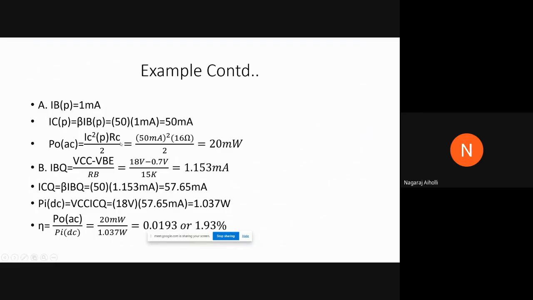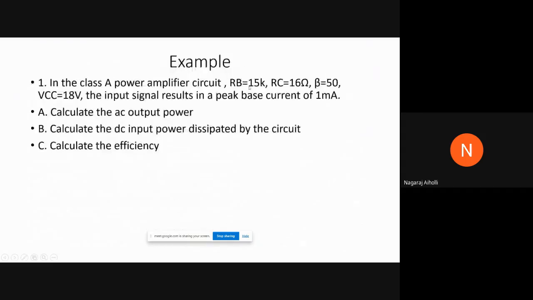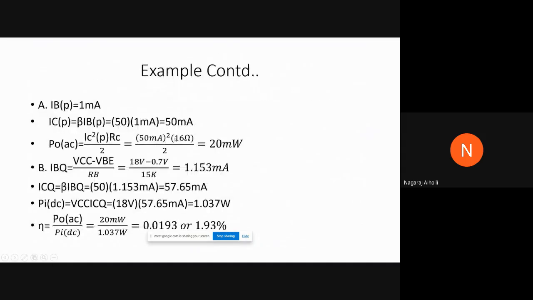So substitute that value: 50 milliampere squared into RC, which is 16 ohm, the whole divided by 2. If we simplify this, it comes out to 20 milliwatt. This is the amount of AC output power, 20 milliwatt. So we calculated the AC output power.